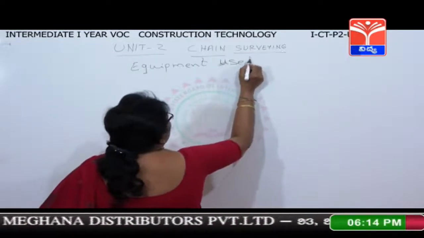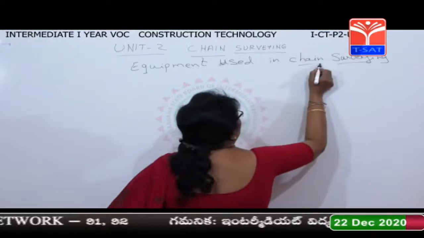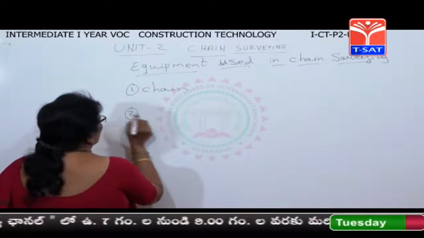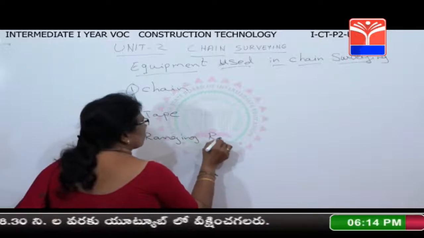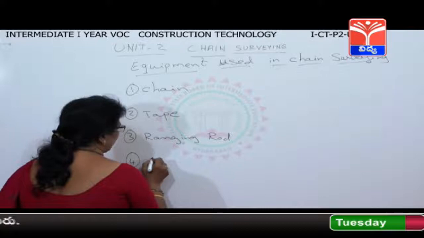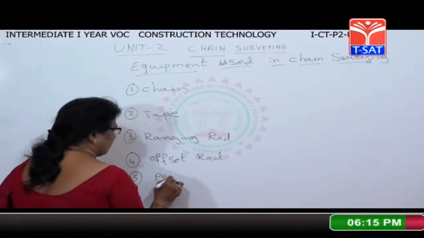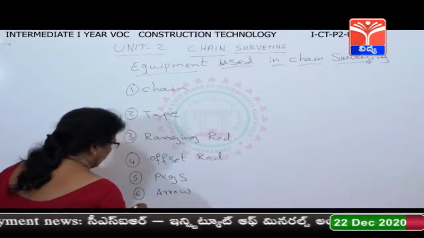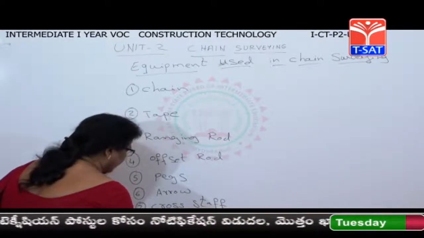Equipment used in chain surveying. One, chain. 2, tape. 3, ranging rod. 4, offset rod. 5, pegs. 6, arrow, crossed off, and plumb bob.